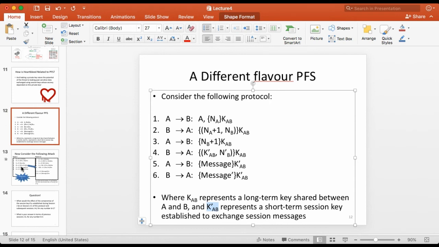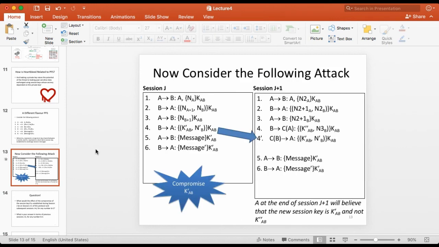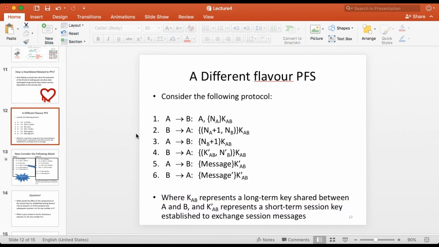Let's look at that question from an attack point of view, in which we demonstrate that in fact this does not hold. Here is your current session, let's say session number J, and you have a newer session called session J plus 1. Session J runs as normal, just as we've described the protocol.